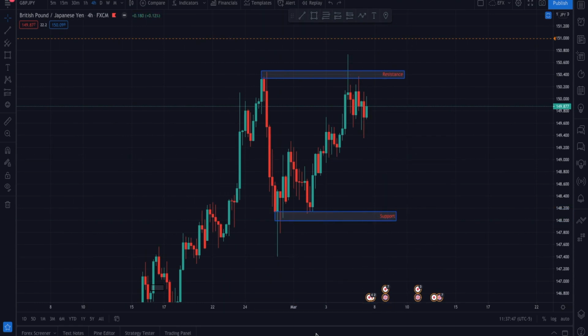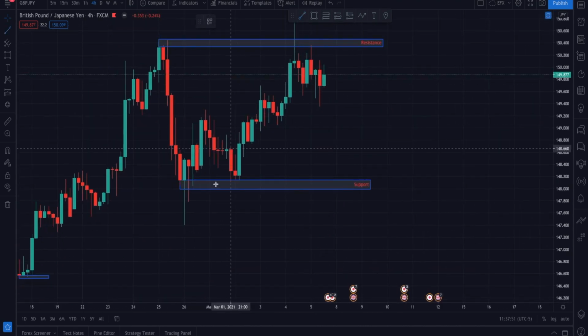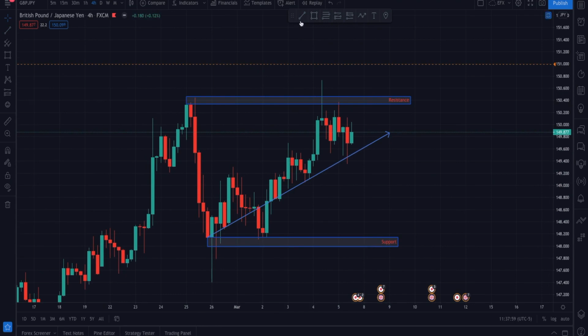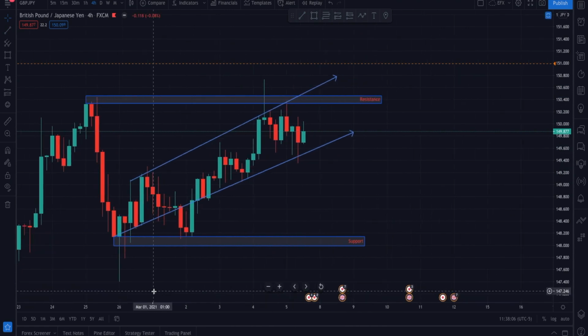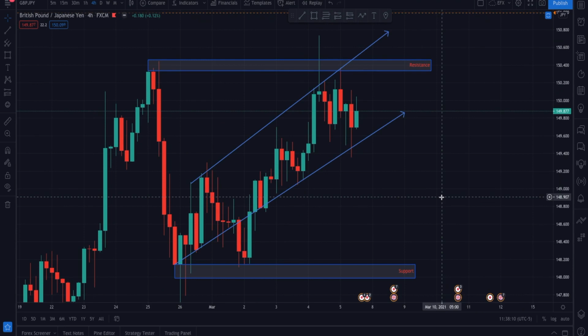So let's draw in our trend lines. I'll just do it like this. And I'll draw the top one right here. So within our mark of the support and resistance, we also see our trend lines.